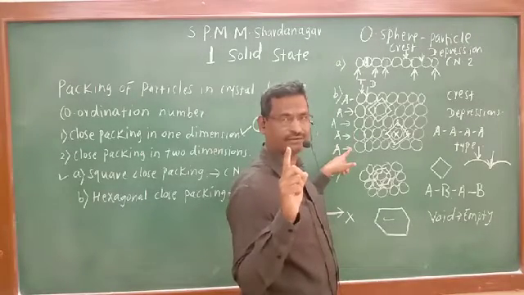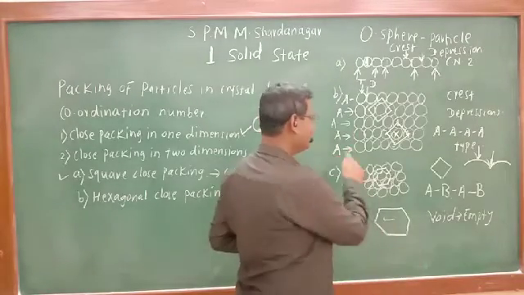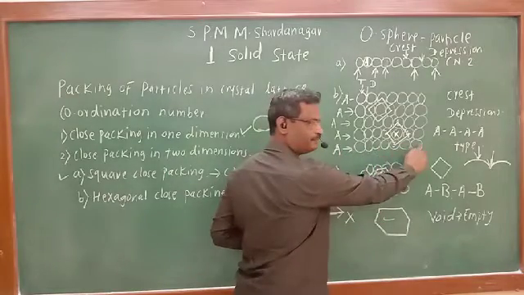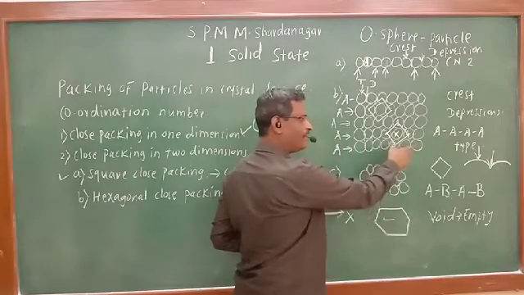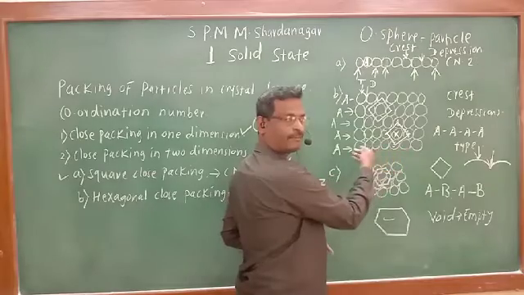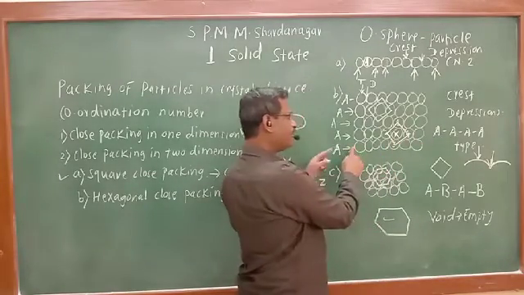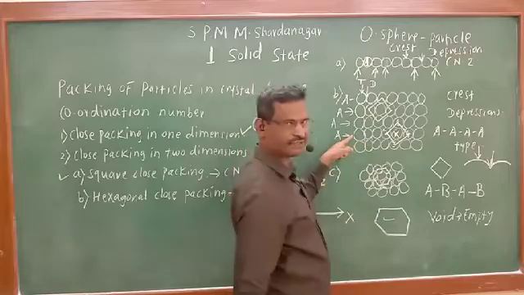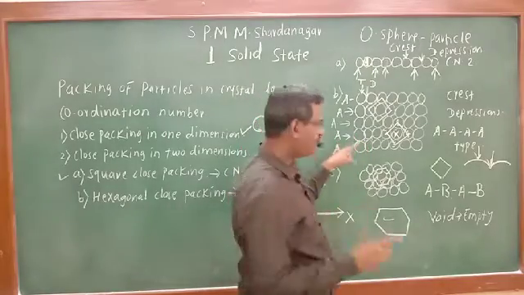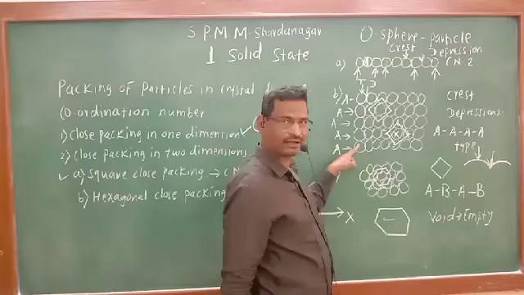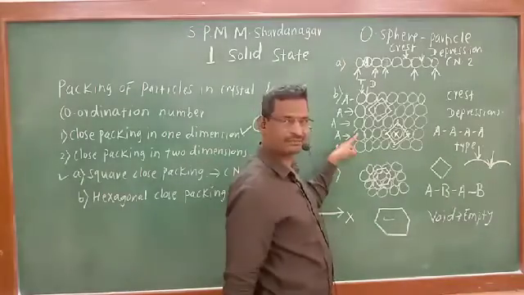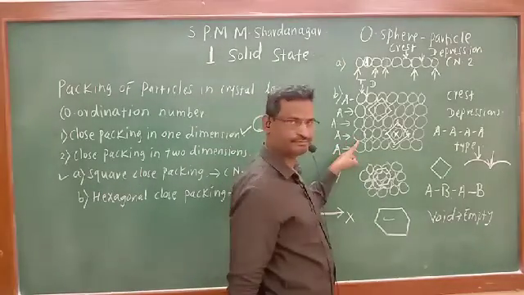This is a layer where particles follow each other in a one dimensional manner. Above that, another layer is placed where the crest of the first sphere and the crest of the second sphere are touching each other.